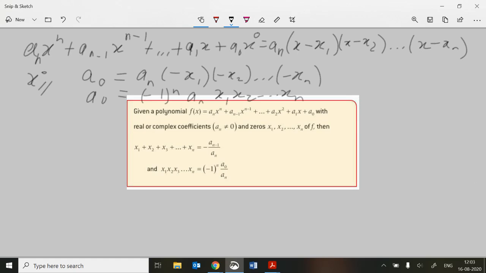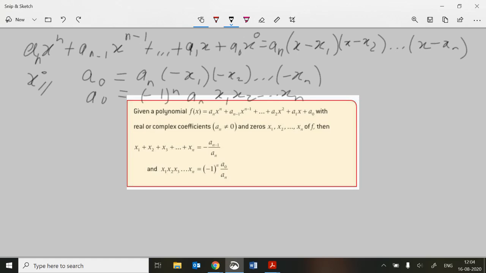That's equal to a_0. Now, a little rearrangement of that gives you this formula here. Let's just remind you, it's last term divided by coefficient of first term with minus 1 to the power of n in front of it, and that's exactly what we're getting here. Okay, well, that's that one.